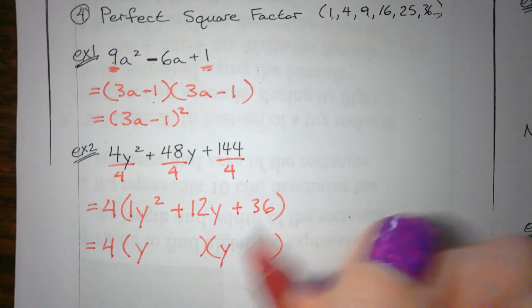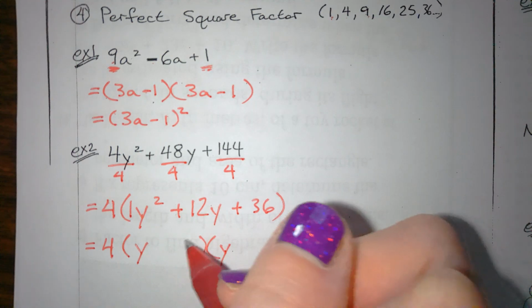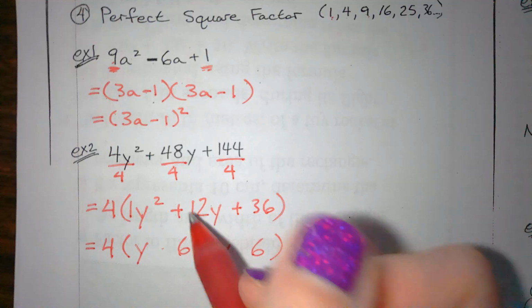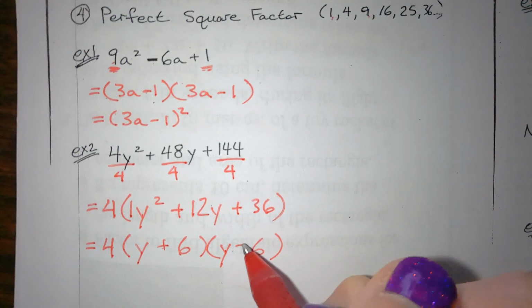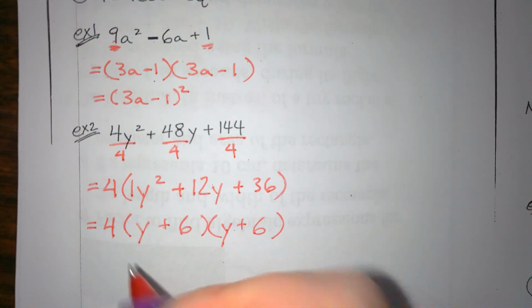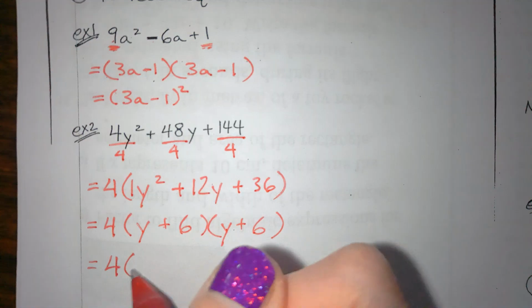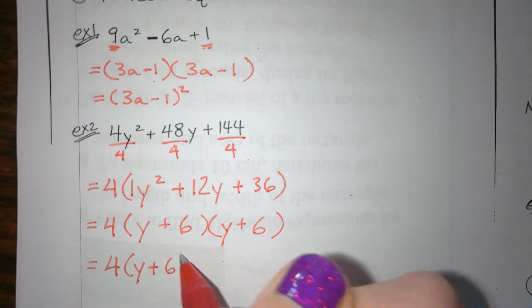Y and y. What about 36? 6 and 6. What sign should go here? Plus, because everything is plus. And so what's my final answer? Ethan? 4 in brackets, y plus 6, y plus 6. Perfect.